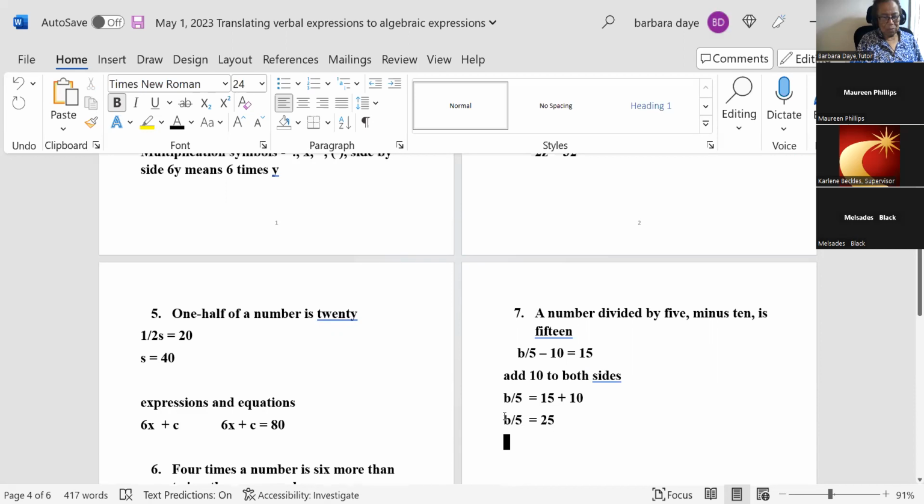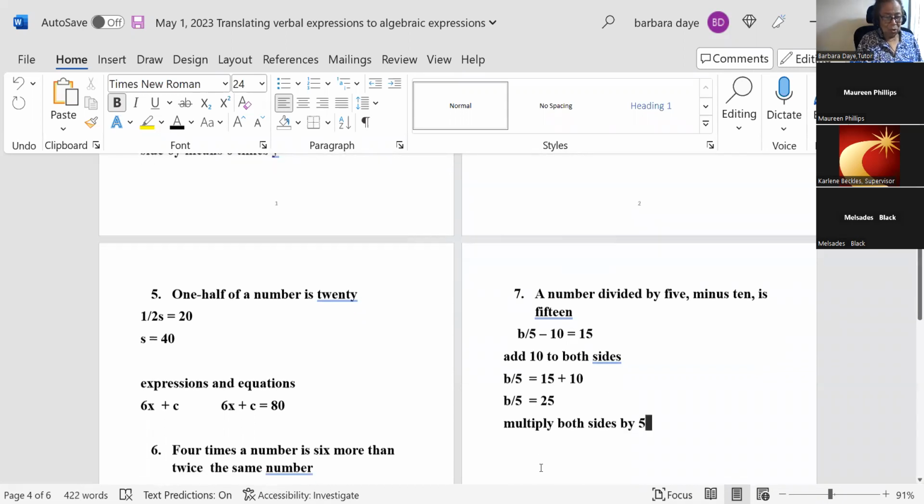Nope. Subtract. What operation is B over 5? Oh, sorry, divide. And what's the inverse of division? Multiply. So you've got to multiply both sides by 5.